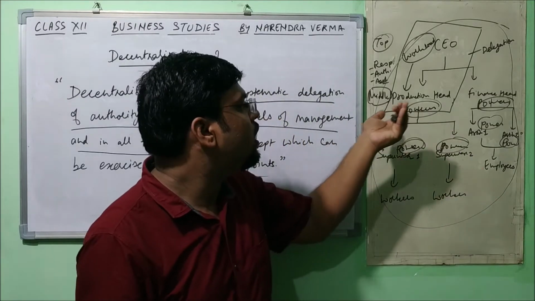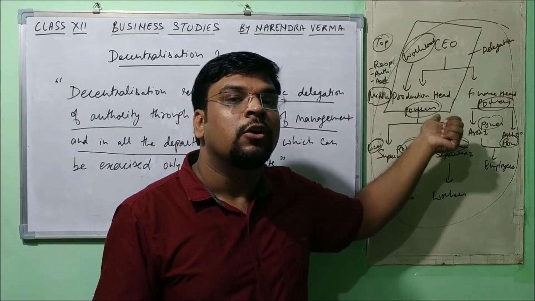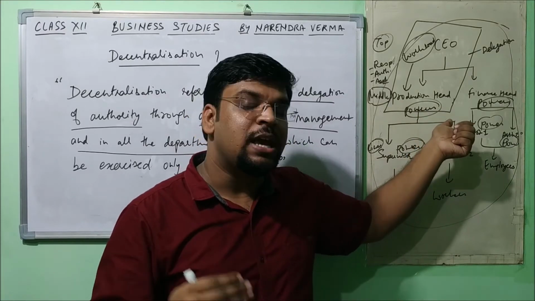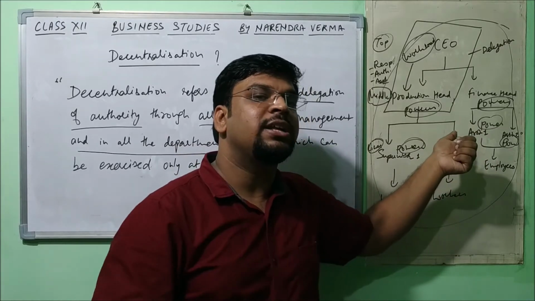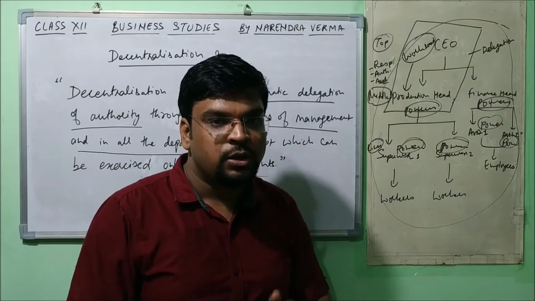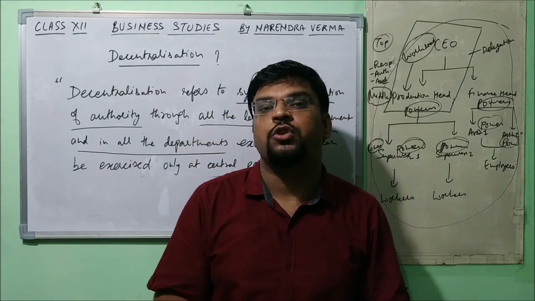This production manager is responsible for producing the material. For that, he has authority to decide the quality. He has authority to decide from whom he has to take the raw material or not. He has all the rights, so that is known as power. That is known as distribution of power.